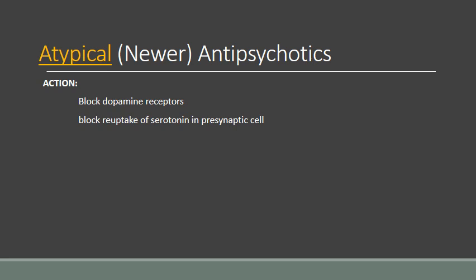Now, these newer antipsychotics or atypicals, the first one, which is clozapine, did not come out until about the 1990s. So there was a long period of time where we didn't have these atypicals. But now we do, and like I said before, they work on both positive and negative symptoms, which was kind of a breakthrough, because before we had just medication that worked on the positive symptoms, and that was all great and good.